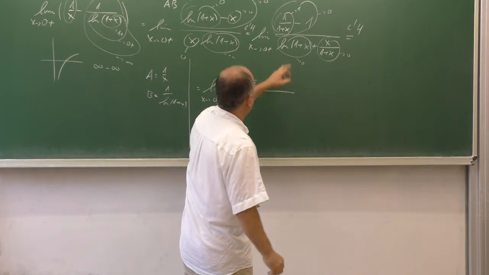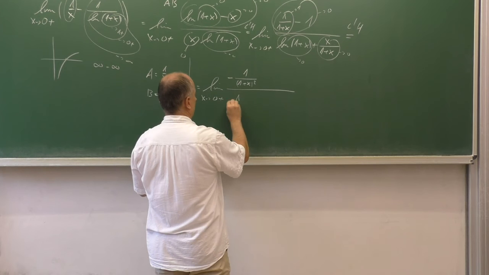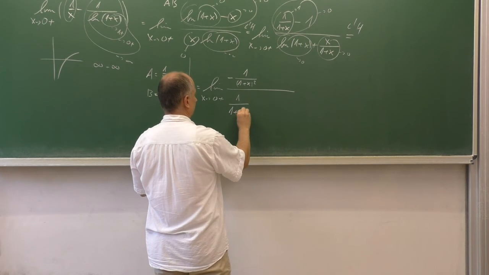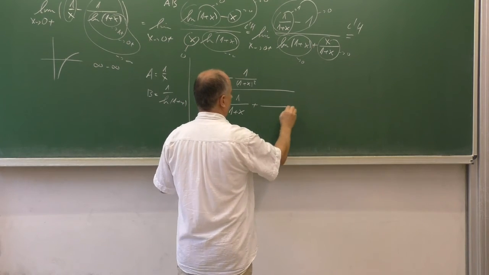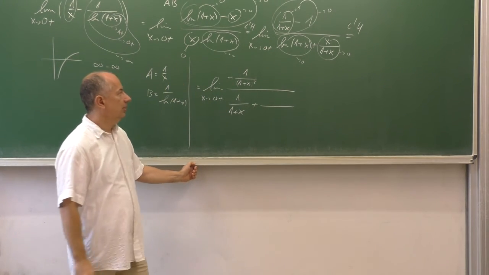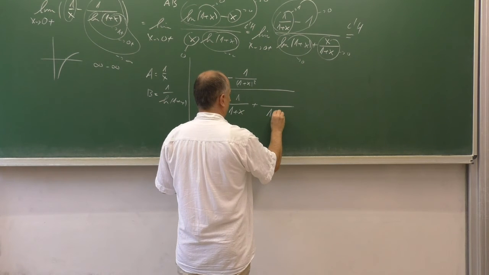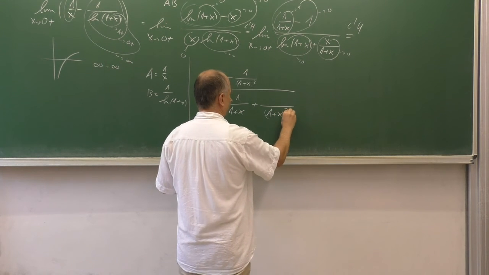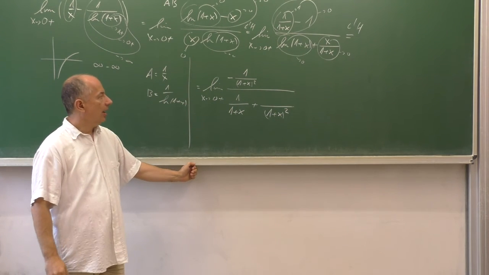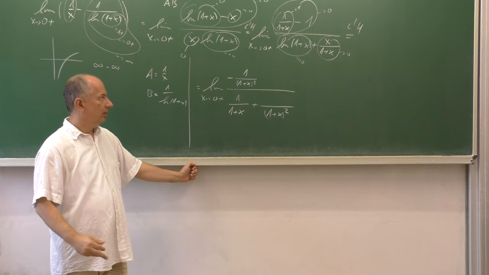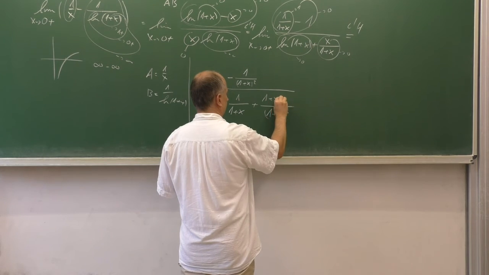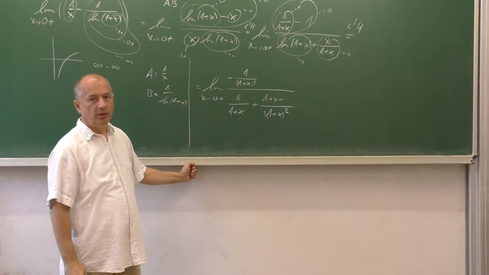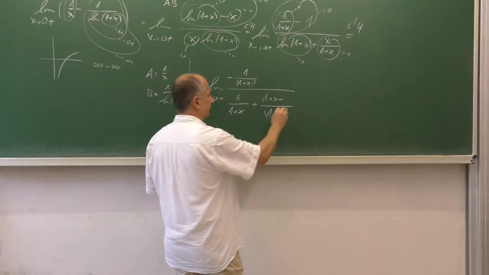And the derivative of logarithm is 1 over the argument, plus, and this is a fraction. The derivative of the fraction has the square of the denominator, and in the numerator we have u' v, which is 1 plus x, minus u v', which is x.